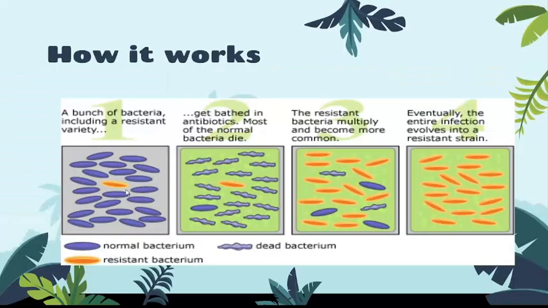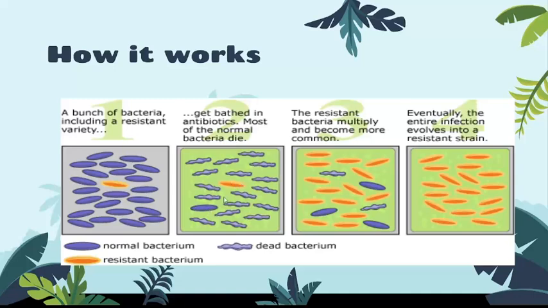So here's how it works. We have a bunch of bacteria where only one of them is resistant. A lot of these will die. Right here you can see dead bacteria. They're all dead. So this one's resistant.